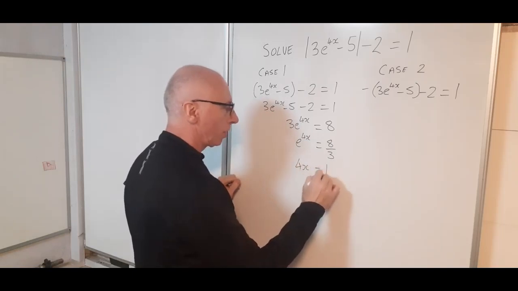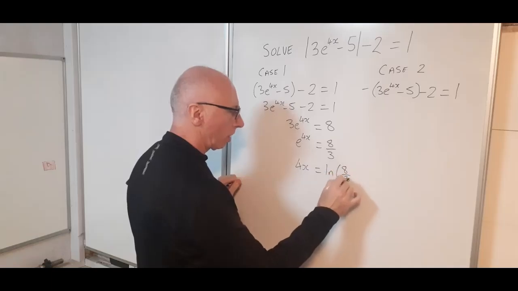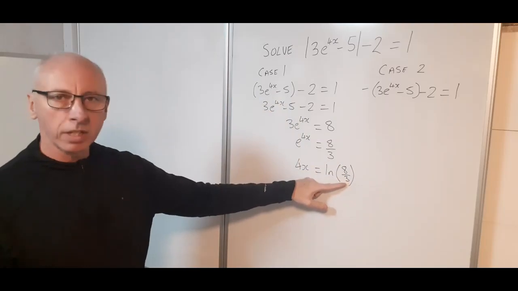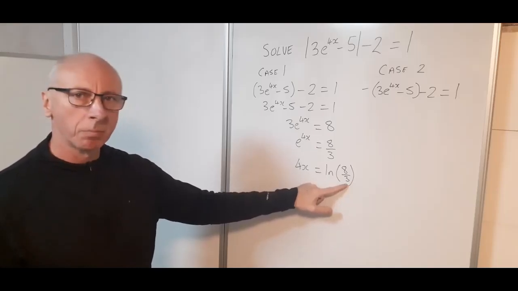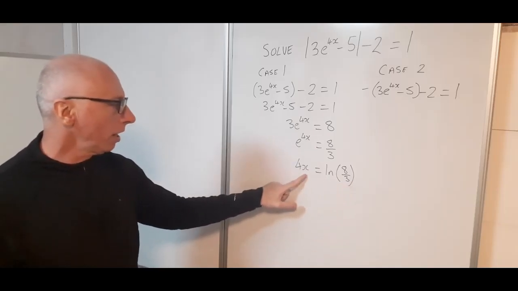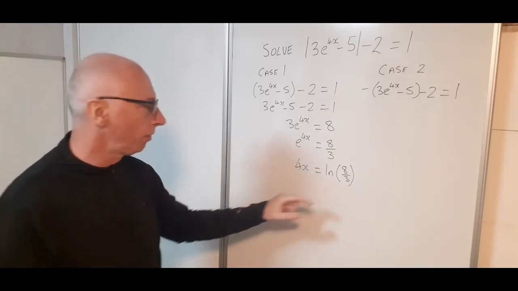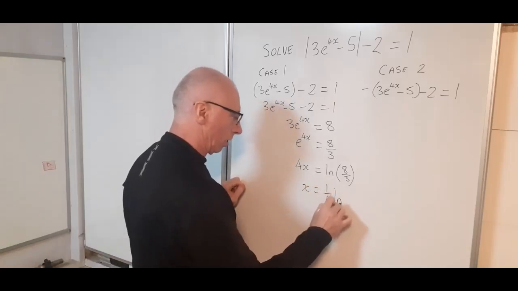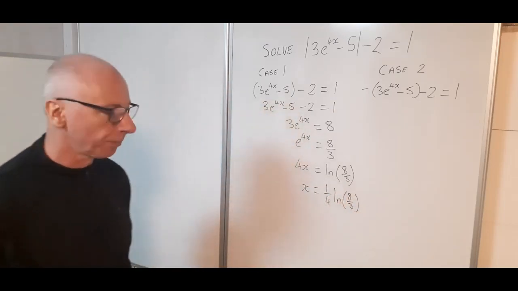And that equals the natural log of whatever we've got here, which is 8 over 3. Now 8 over 3 is greater than 0, so we can take the logarithm of this to get a real number. So here x is now 1/4 of the natural log of 8 over 3. So that takes care of one solution.